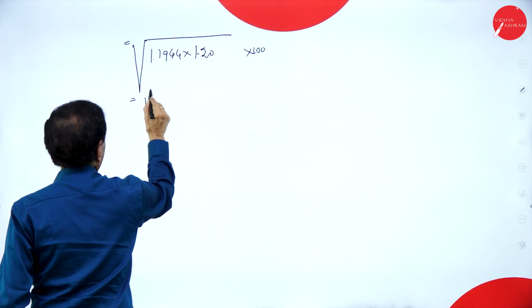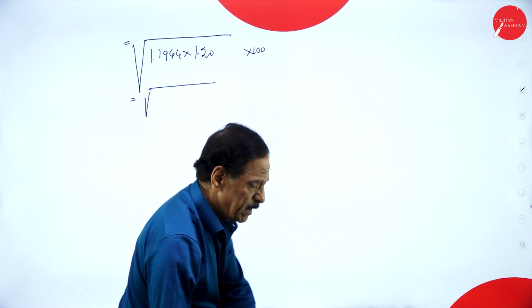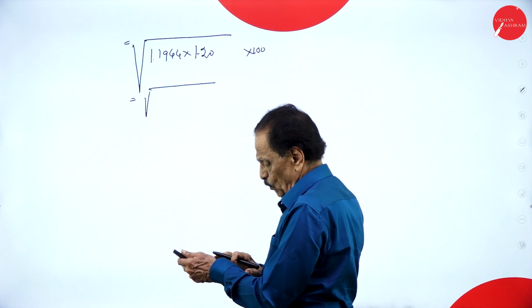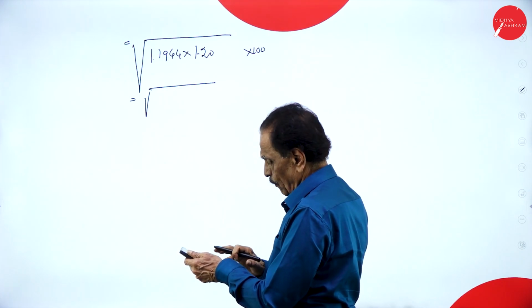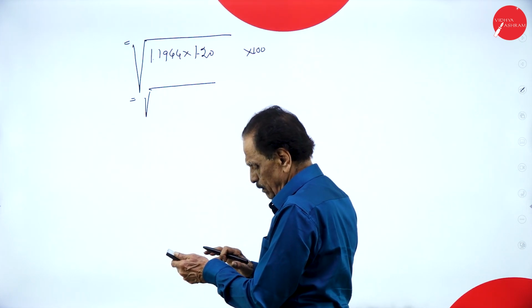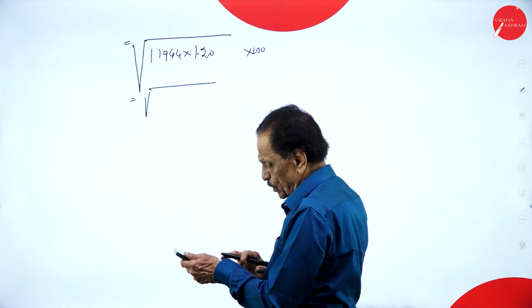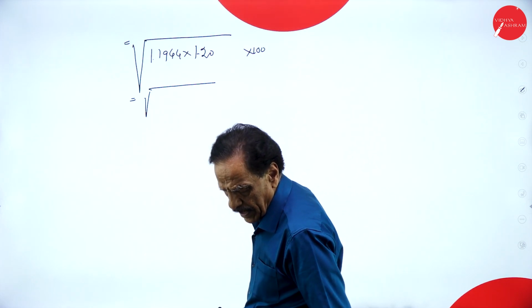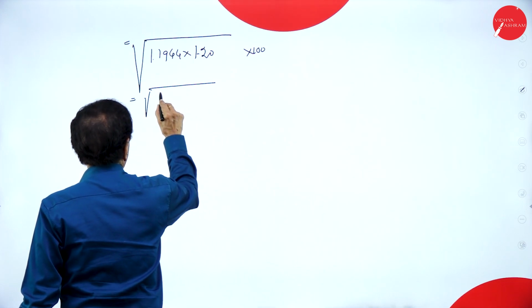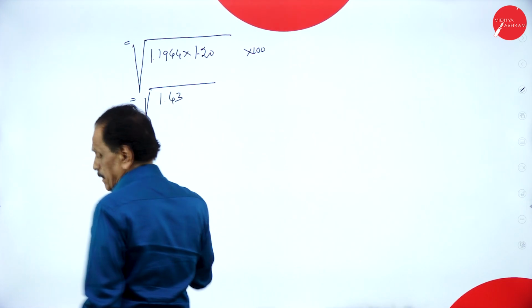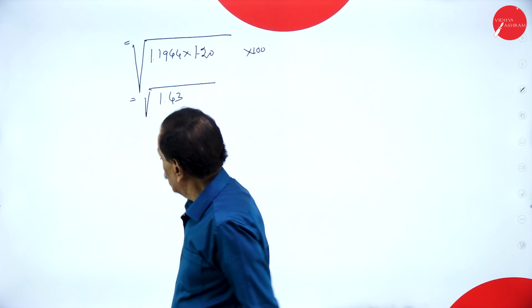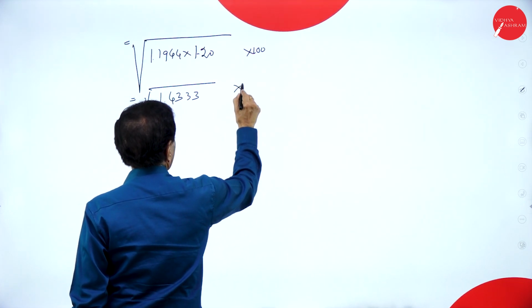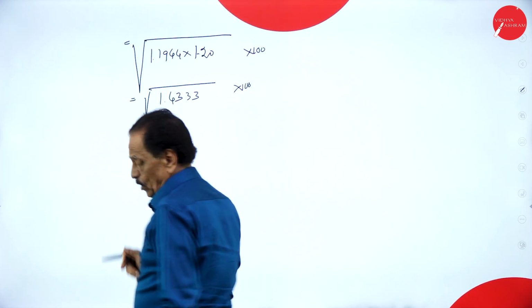Multiply: 1.1944 into 1.20 is 1.4333 into 100.